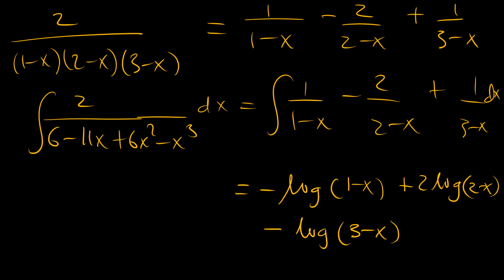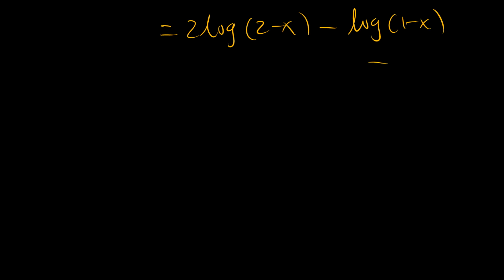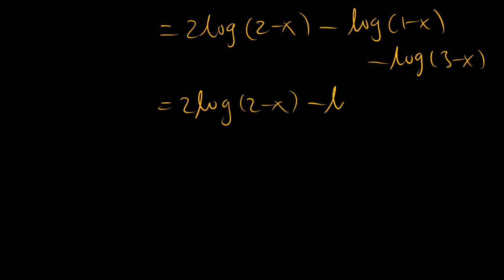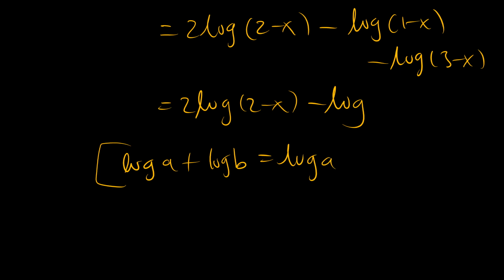Okay, so we can always combine these two here, so we get 2 natural logarithm of 2 minus x minus the other logarithms, which is equal to 2 log 2 minus x, using the rules of logarithm where we have log a plus log b equals log ab.